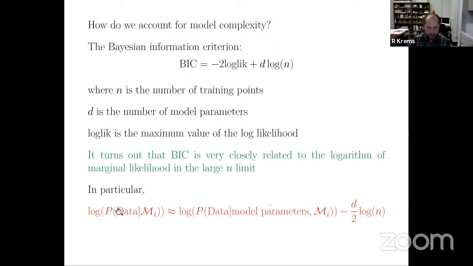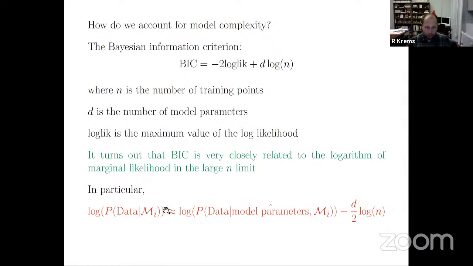Like I said, if N is large, this integral can be shown to be very close to the value of the log likelihood. You see, this is not the marginal likelihood, but the actual likelihood that corresponds to the model parameters with a hat here. So these model parameters maximize the likelihood. And then there's this additional term here. So this equation shows two things.